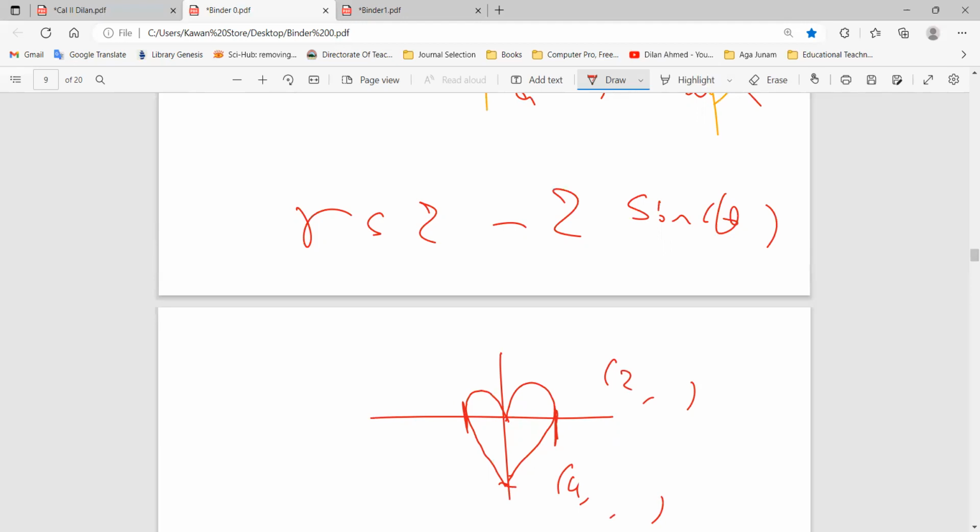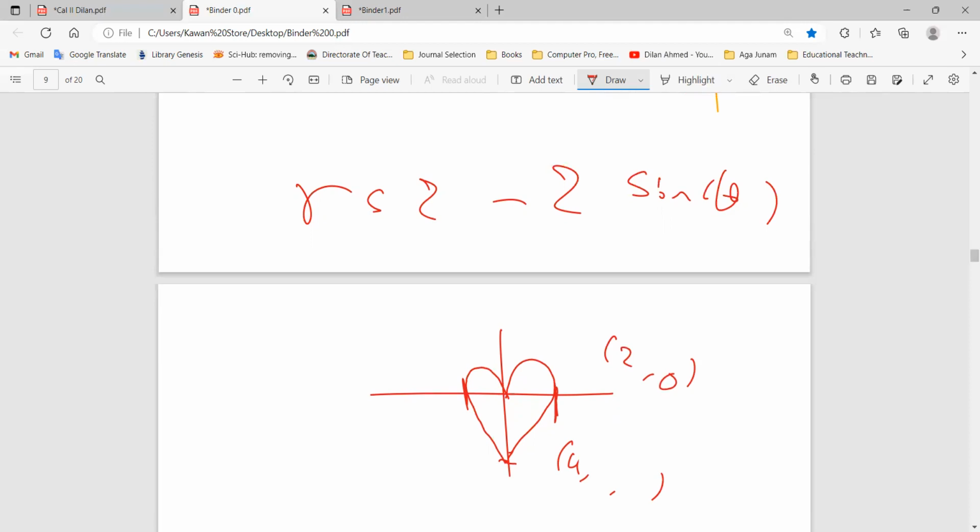I'll get what? 2. Yes. 2 minus 0. Okay. If I put pi over 2, I'll get what? Cosine of pi over 2 is equal to 0. So that point will be 2 and pi over 2. Am I right?